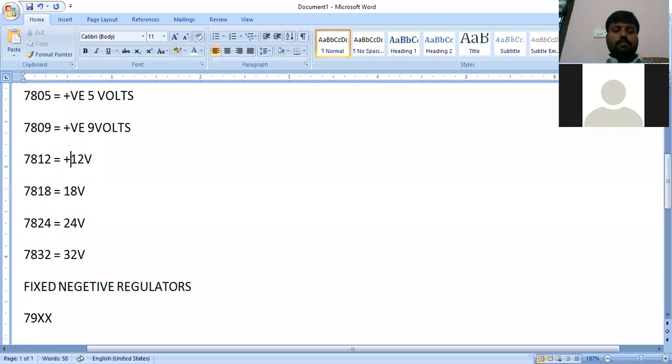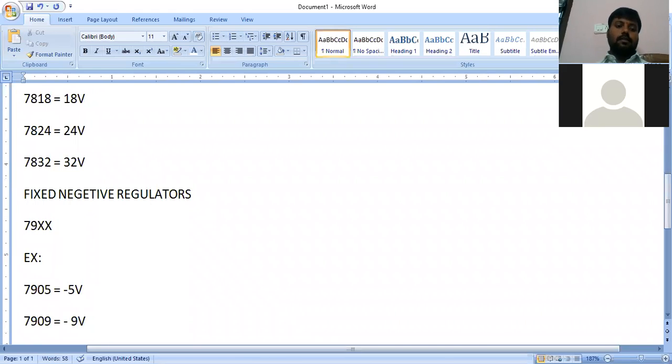Until and unless it is mentioned, it is positive voltage only. If it is mentioned minus 5 volts, it means negative voltage, right?